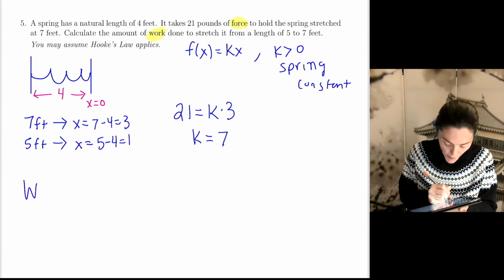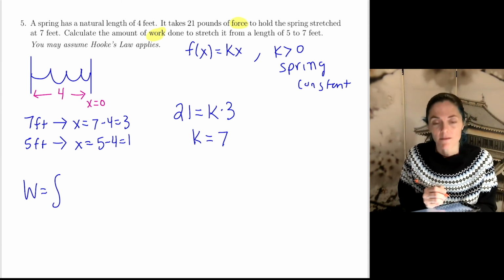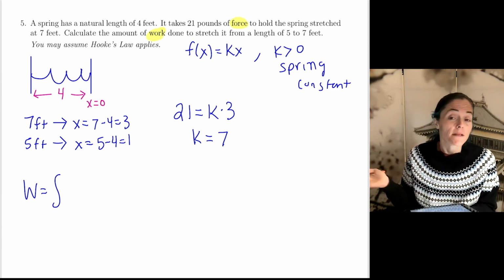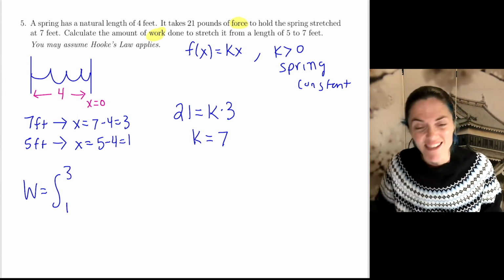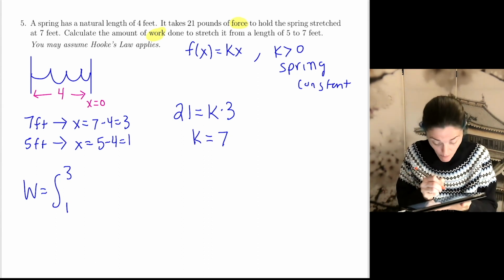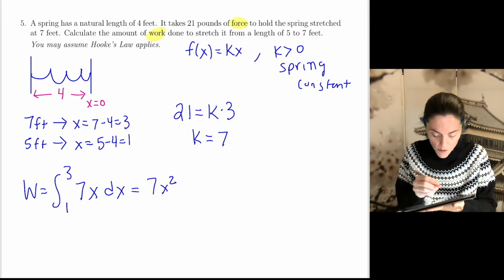We want the work required to stretch the spring from 5 to 7 feet, which is from 1 to 3 past equilibrium. And this would be the integral of kx dx. So we have 7x squared over 2.